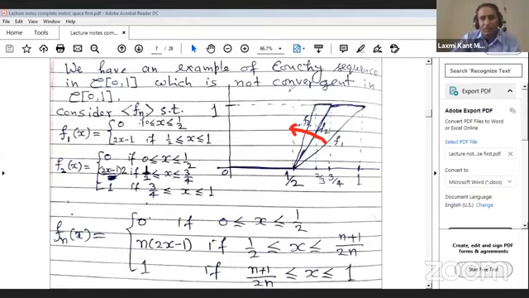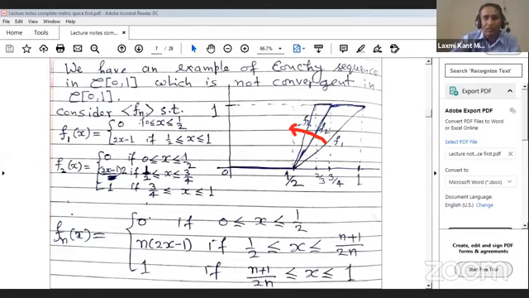We can observe, we can prove it. So this is a Cauchy sequence, and we can also see where it converges.